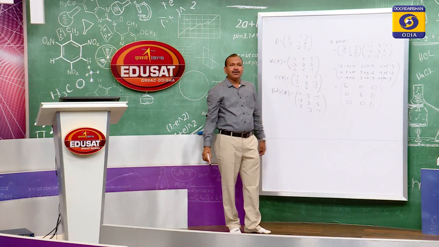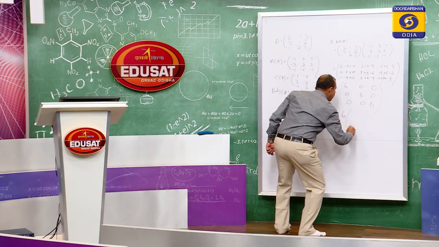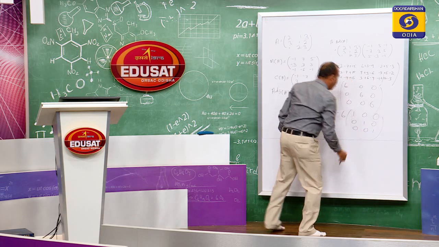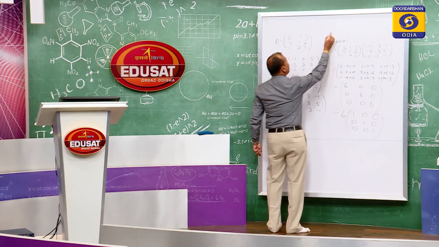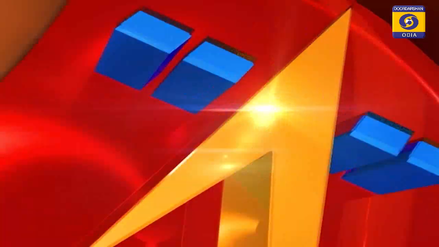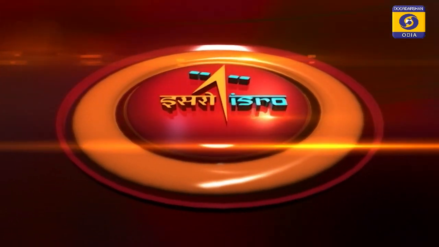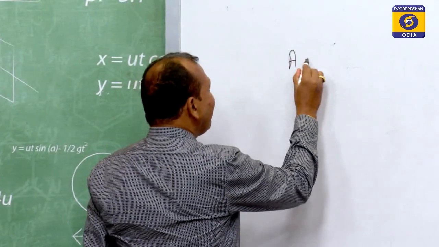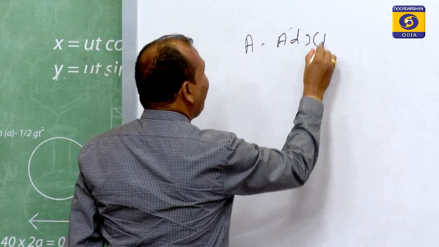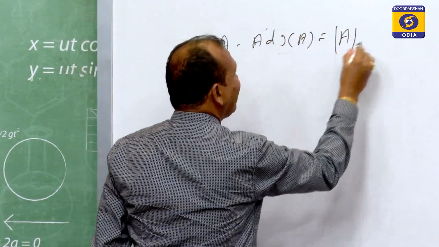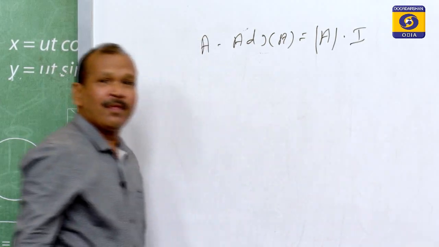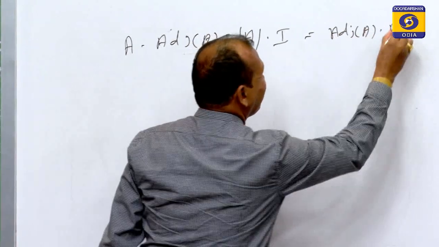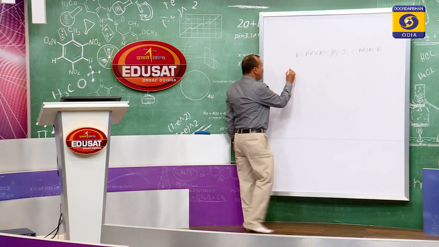This is a third order matrix, that is equal to 6 times 1 0 0, 0 1 0, 0 0 1, where 6 is the determinant value, det of A. So A into adjoint of A is equal to det A into I, that is equal to adjoint of A into A. From this we have A inverse.